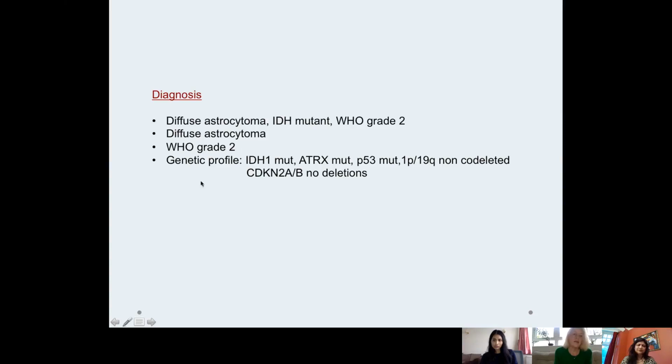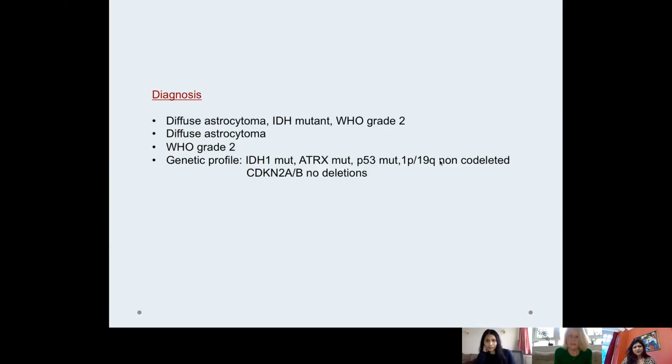And the genetic profile, which is a combination of immunohistochemistry and in this case, next generation sequencing and copy number variation studies, confirm the presence of IDH1 mutation, ATRX mutation, P53 mutation, absence of 1p19q codeletion, ruling out an oligodendroglioma.